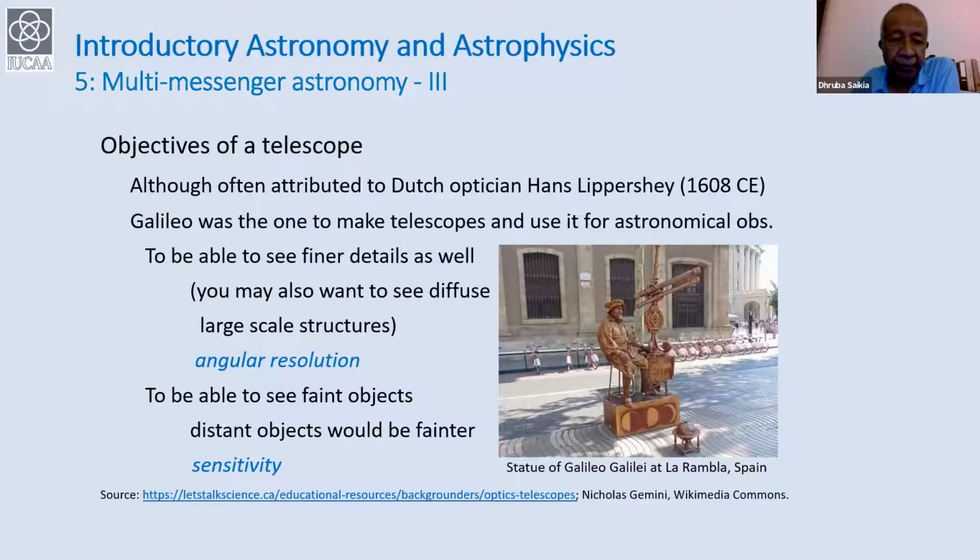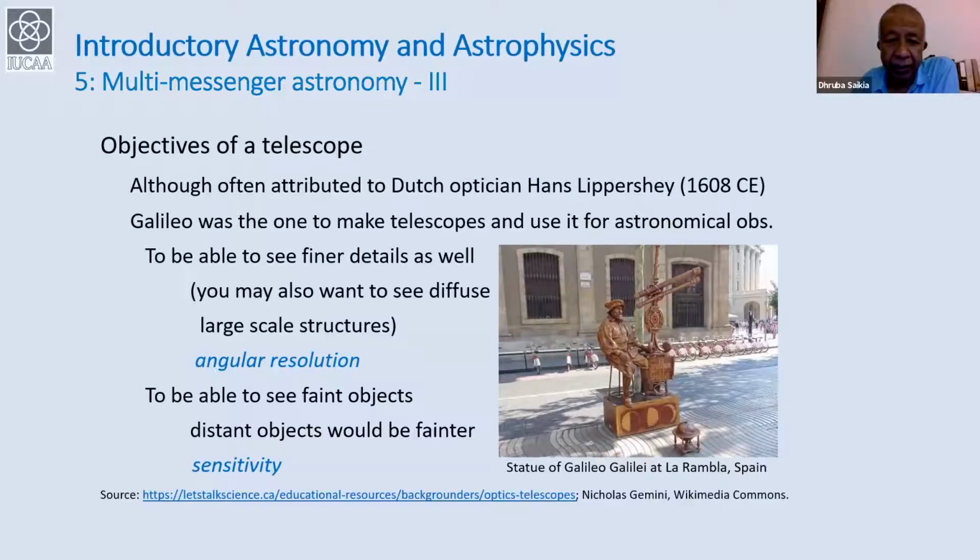We will see many examples of these, but just to give you one example right now, clusters of galaxies have extended halos and relics of emission around them. And if you were to observe with very high angular resolution at radio frequencies, for example, you will completely miss them.